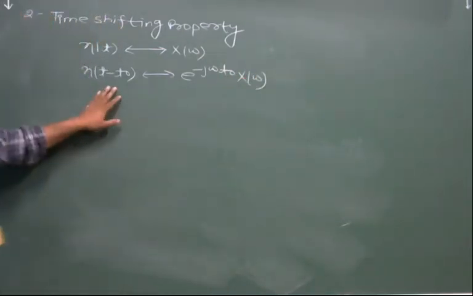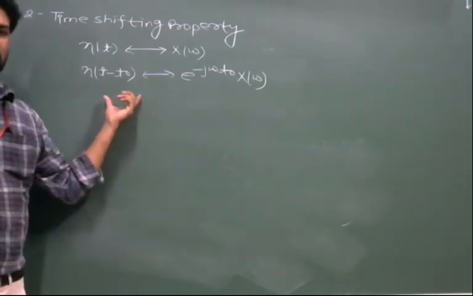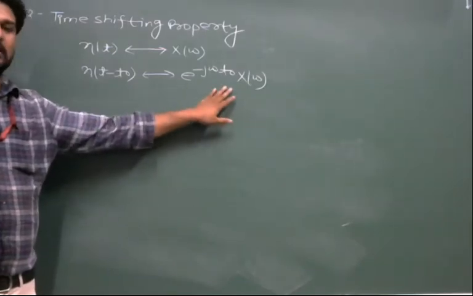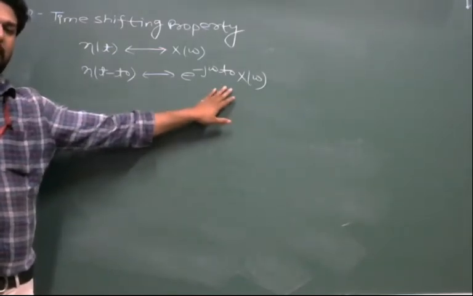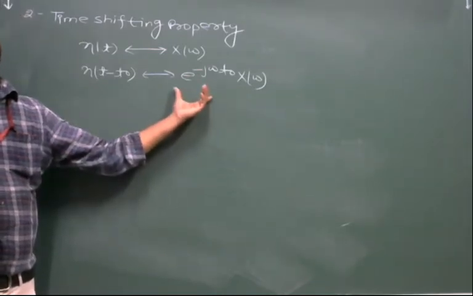It means that if in the time domain the signal is shifted by a unit t naught, then in the frequency domain the signal will be multiplied by a complex exponential which is e power minus j omega t naught.